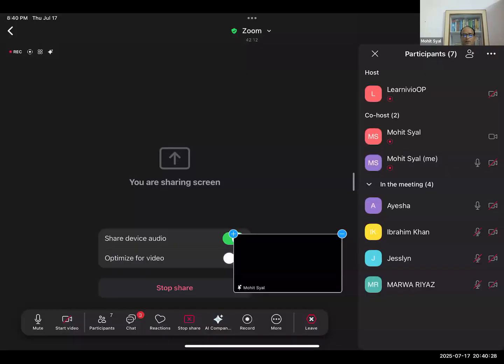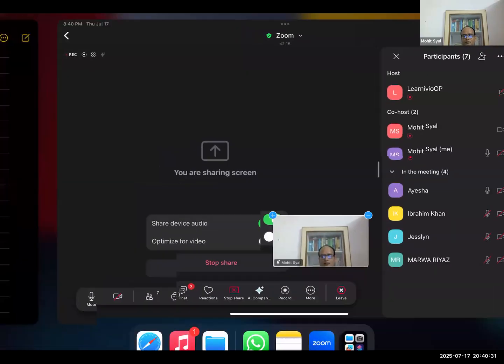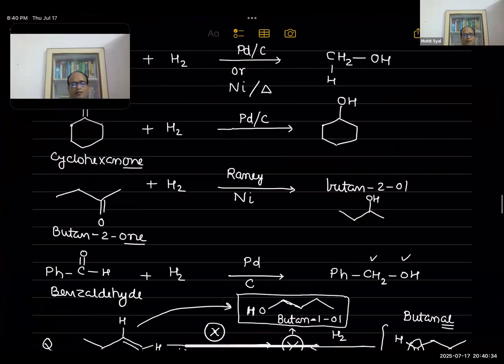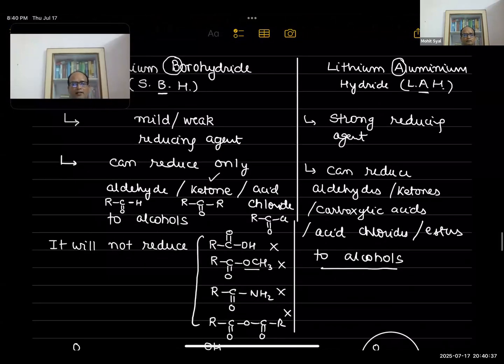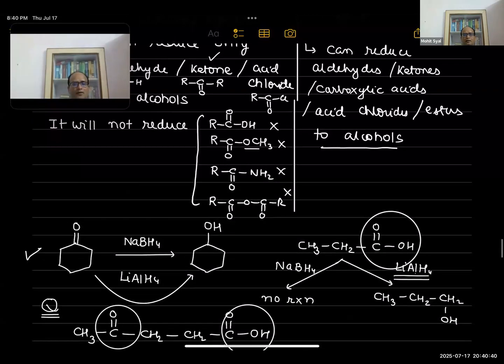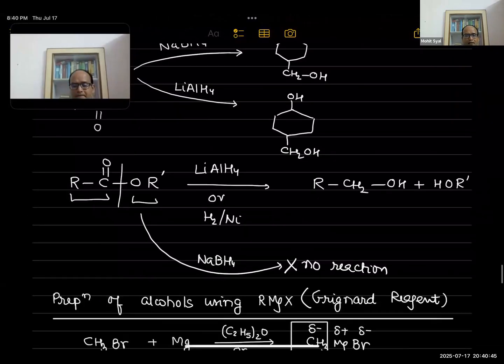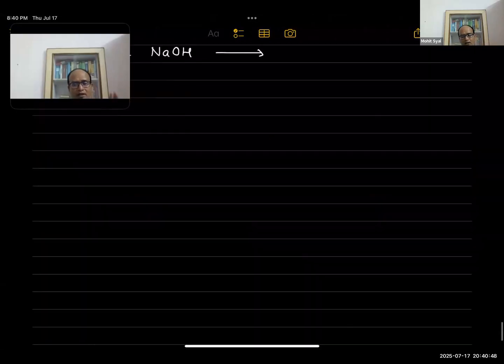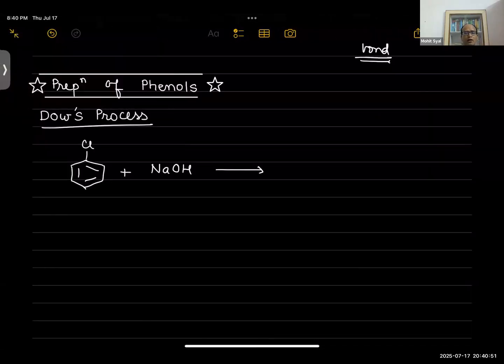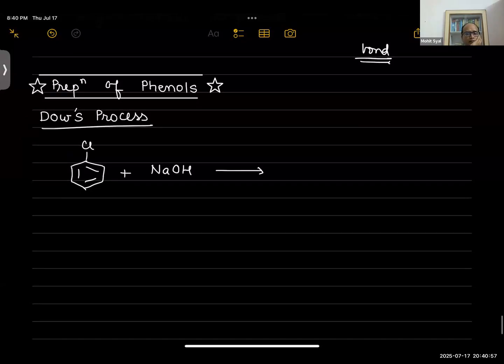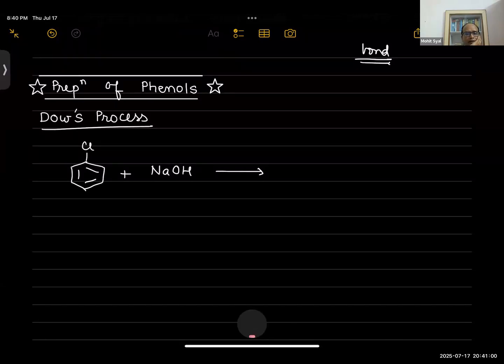Is chlorobenzene more reactive or less reactive, compared to normal haloalkane? Aisha, Marwa, tell me quickly.